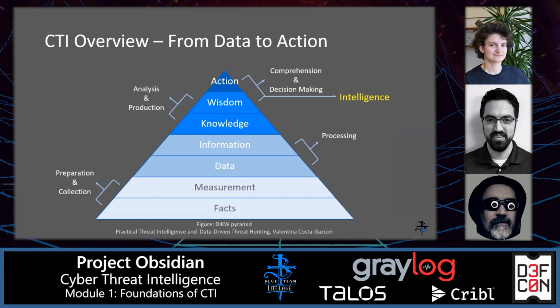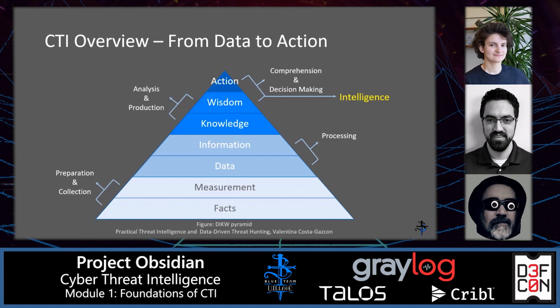And the first slide here demonstrates how data can be turned into action. Data, for example, IOCs are all different types of data, right? An IP address is just a data point. URLs, domains, file hashes, etc., are all data.